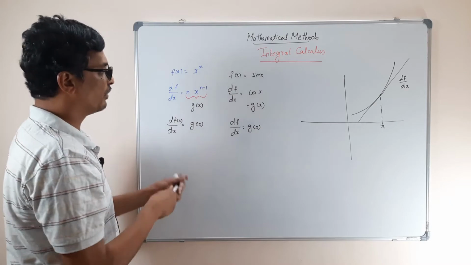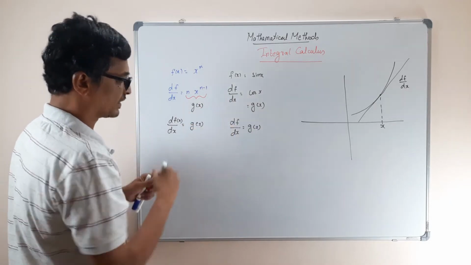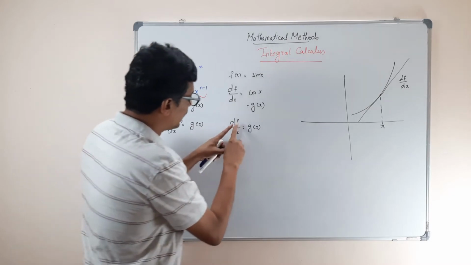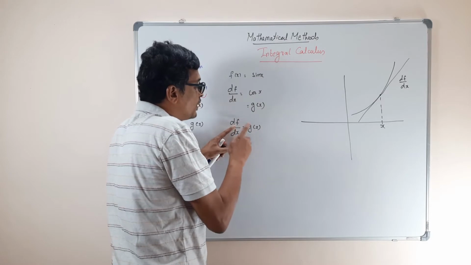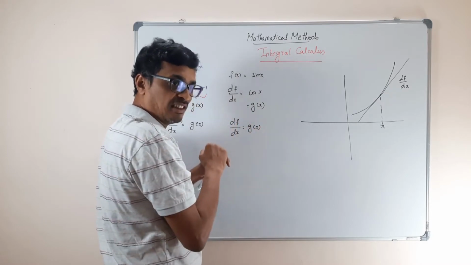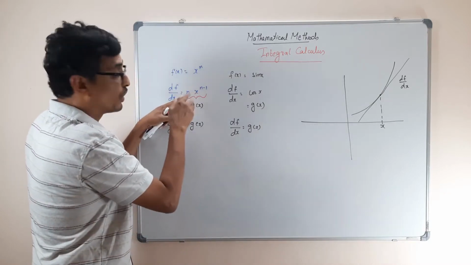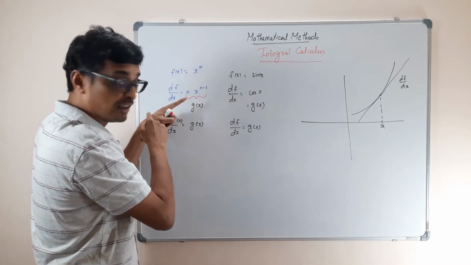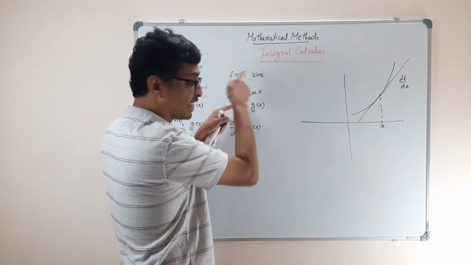So antiderivative: we have df by dx, suppose df by dx gave us g of x. If I give you g of x, what will be my f of x? If I give you g of x as x power n, what is your f of x? If I give you g of x as cos x, what is your f of x? That's sin x, right?